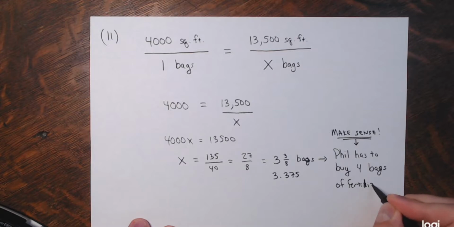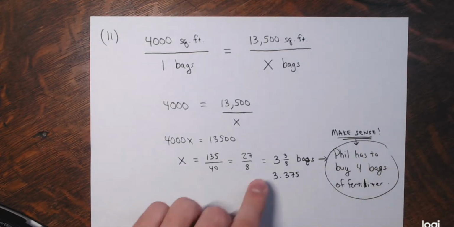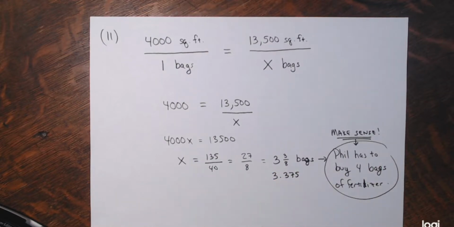Again, entering 3 and 3/8 wouldn't be wrong. It just wouldn't make sense in real life. I'm trying to have things make as much sense as possible in the context of the problem. I hope that makes sense.